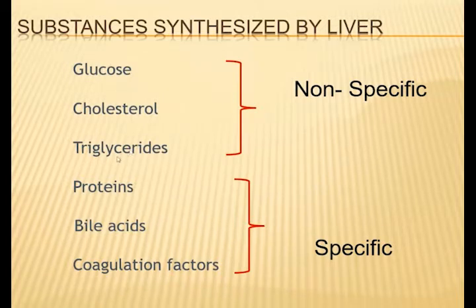But certain things are specific: proteins, bile acids and coagulation factors are directly produced by the liver.